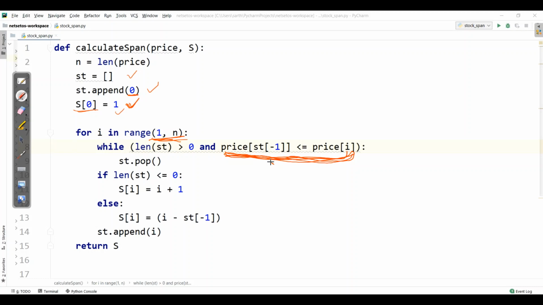If it is greater than, you need to push it, else it will pop out. And then we have a base condition. If length of stack is smaller than 0, the index will be plus 1.